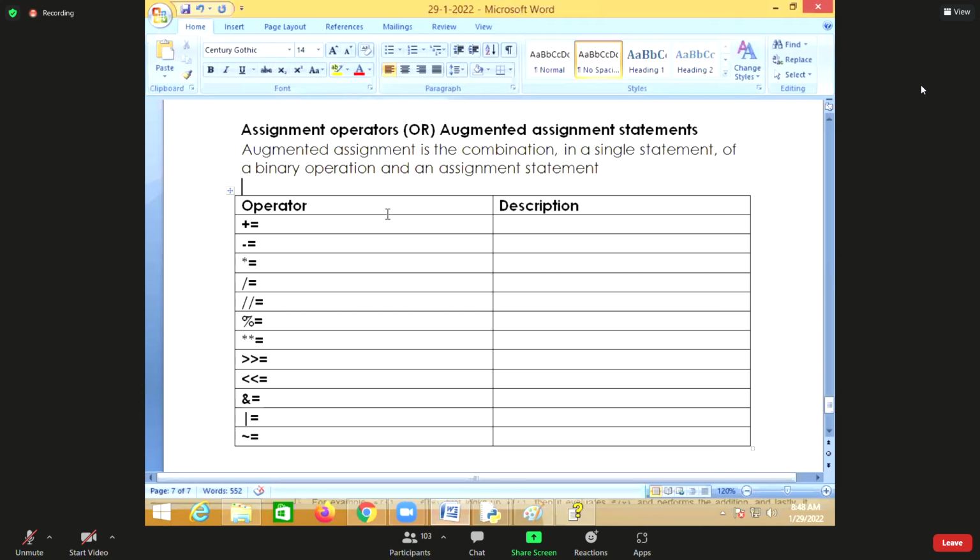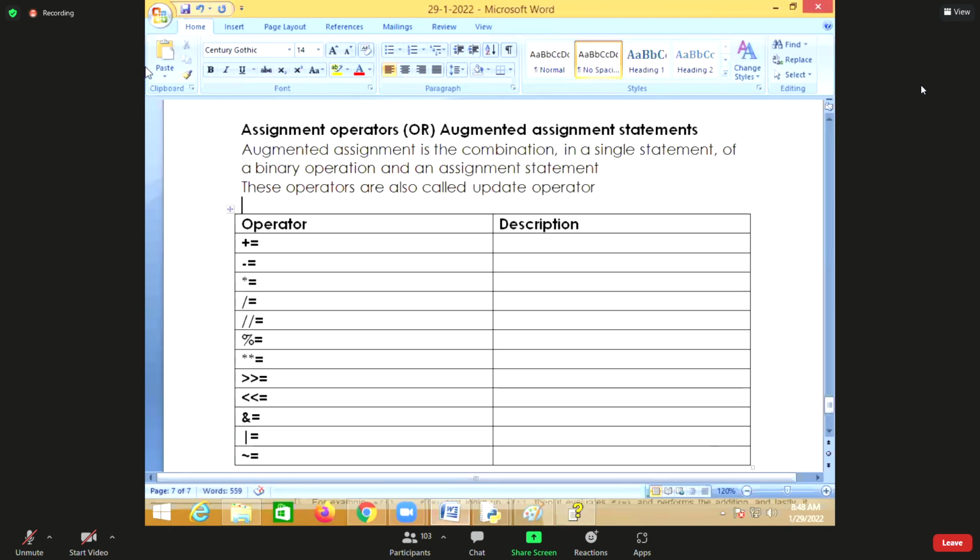These operators are also called update operators. If you want to update the value of a variable, you can update it by using which one? Plus equal, minus equal, star equal, slash equal, like that.